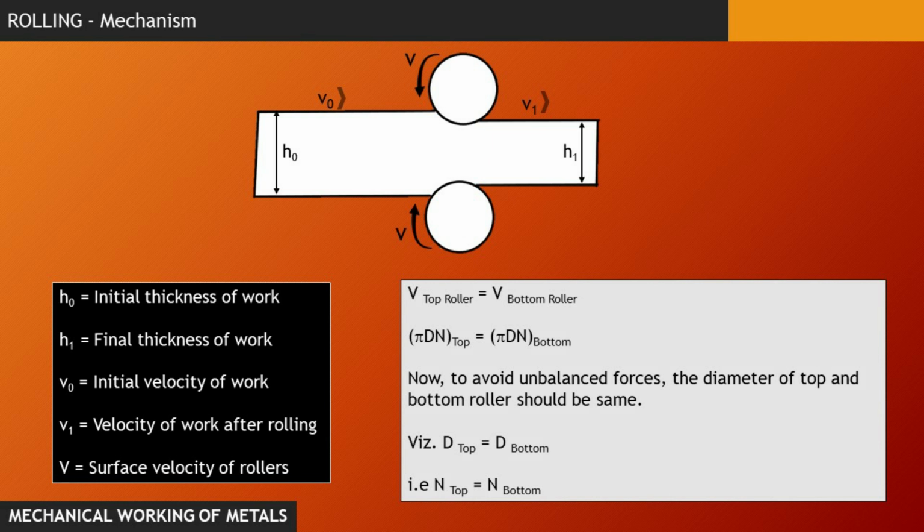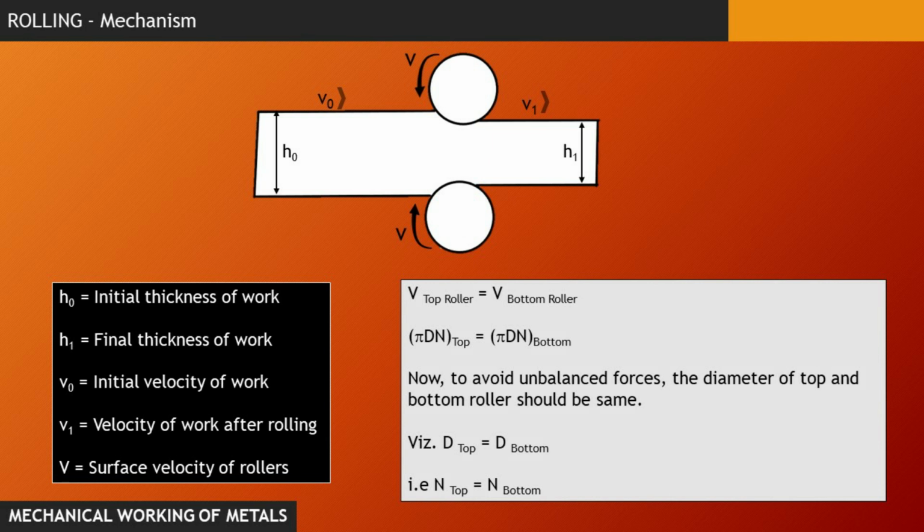So finally we can say these three parameters, the tangential or surface velocity of the rollers, as well as the diameter and the revolution of the rollers, remain the same in order to avoid unbalanced forces.